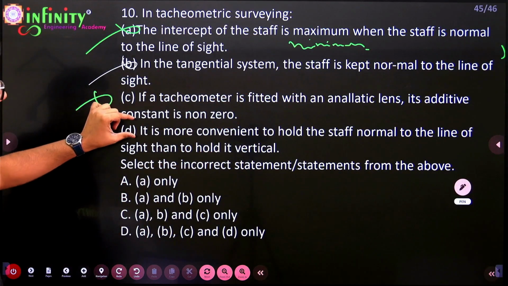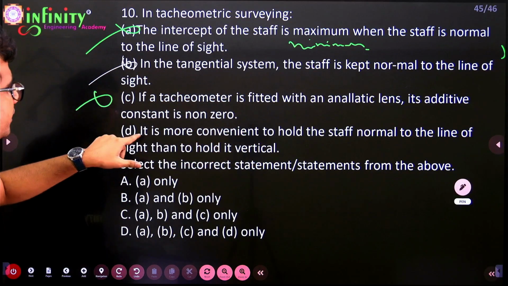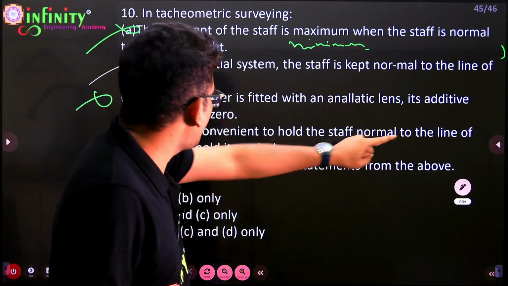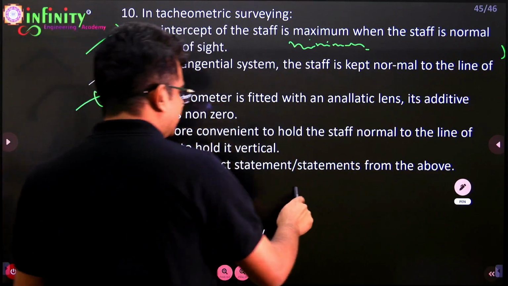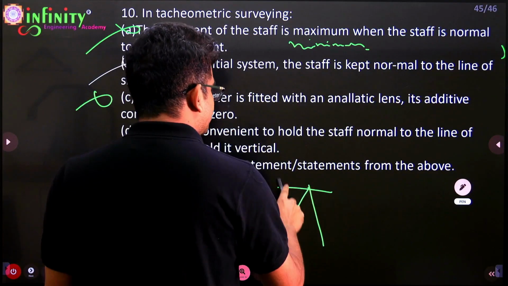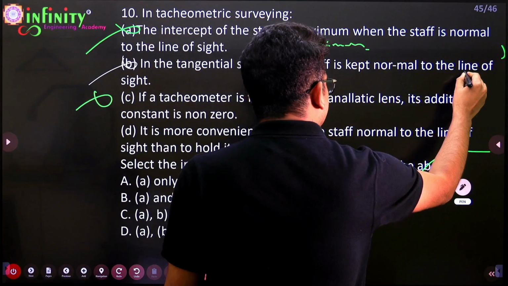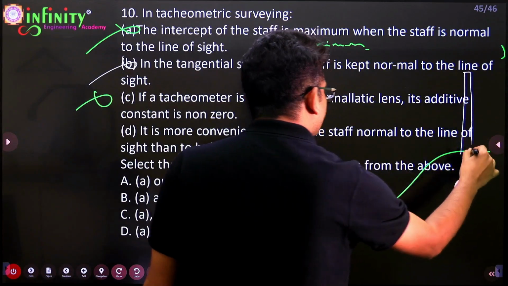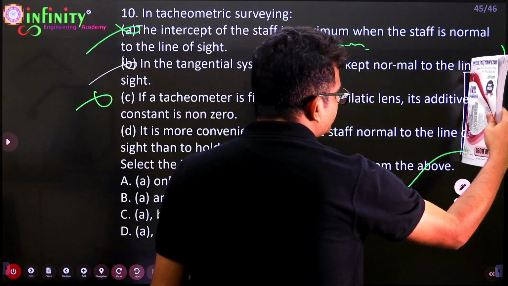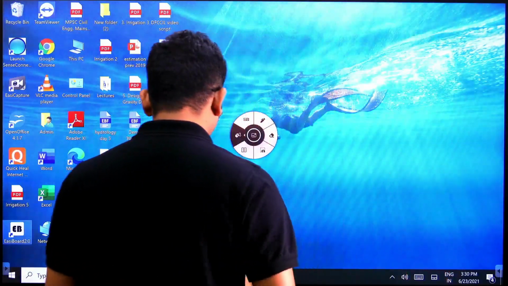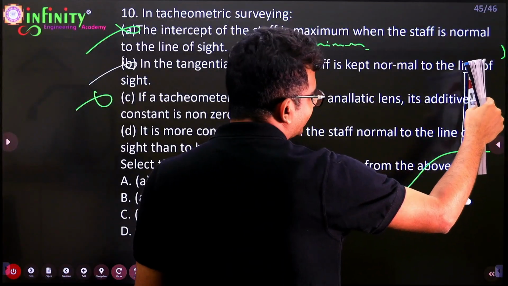Next one, it is more convenient to hold the staff normal to the line of sight than to hold it vertical. So now see this. You have the staff like this and the terrain is like this. If you are keeping the staff here, it's always better to keep the staff like this only, vertically.